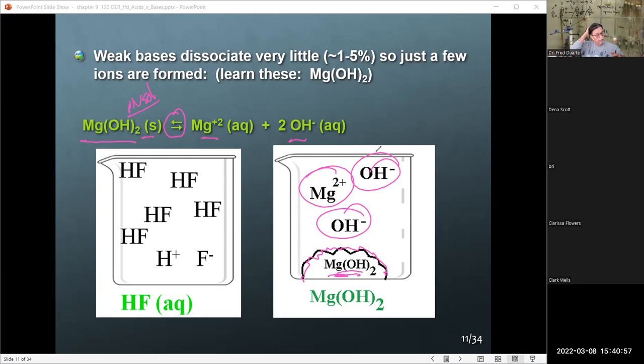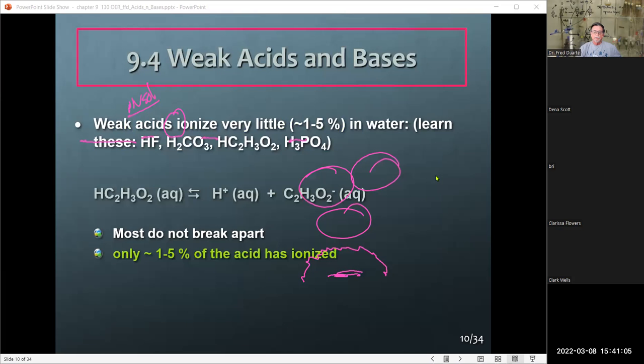On the left, we have HF, hydrofluoric acid. Did I miss that? Yeah, I did miss that completely, HF right here. Hydrofluoric acid, similar to the name hydrochloric acid, except this is with fluoride.